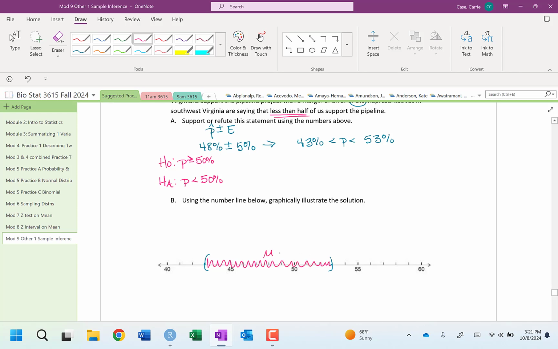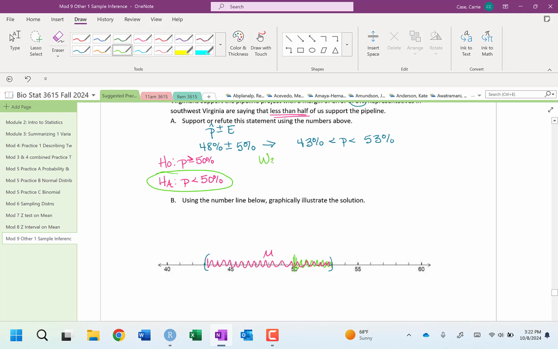I'm saying that it is somewhere between 43 and 53. And so to be able to answer the question, I have to have p less than 50% for my Ha to be true. Well, there's a whole lot of area up here that's above 50, so that is not true.